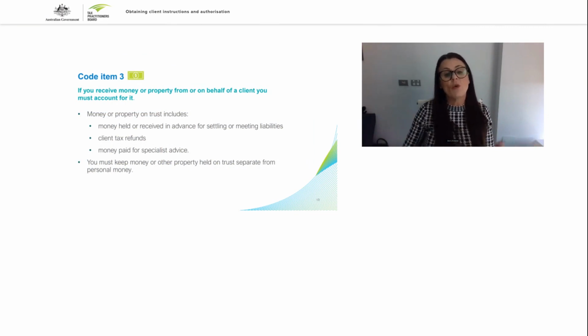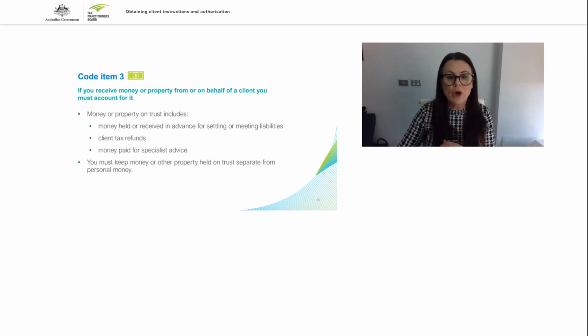So money or property received on trust can include things like money held or received in advance, and that could be to settle or meet future liabilities, subject to the terms of a retainer. It could include client tax refunds, or it could include monies paid to another tax specialist for seeking specialist advice.